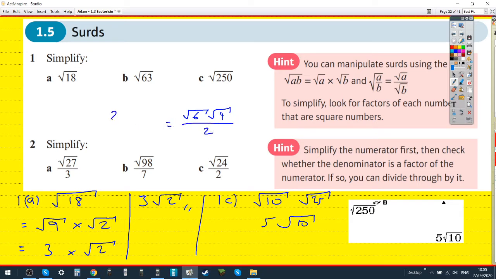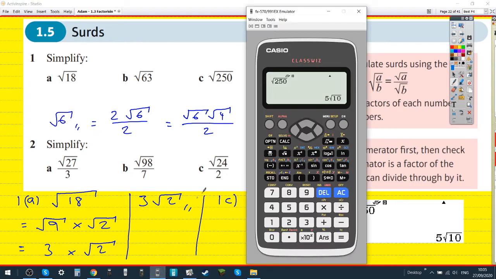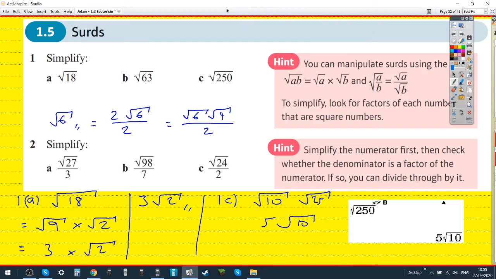And then the 2 cancels out, and so what are you left with? Square root 6. And I actually was going to say your original one, put it in the calculator because it's just numerical. There you go, square root 6. So it works for all of them. Any questions about that? No. Okay.